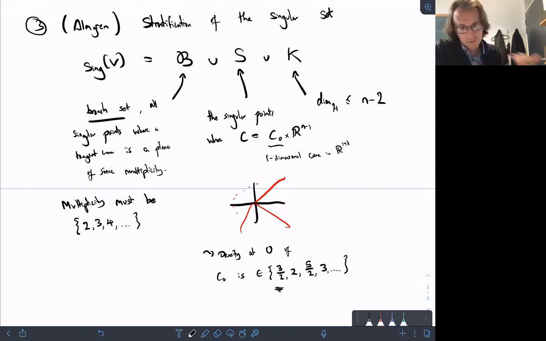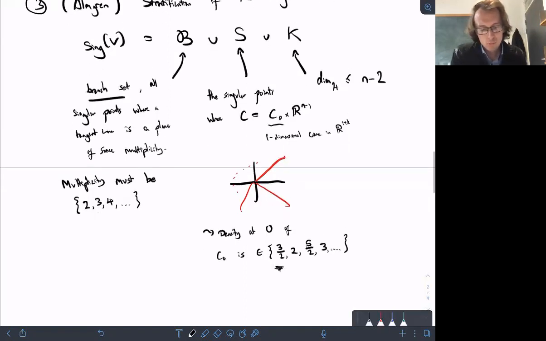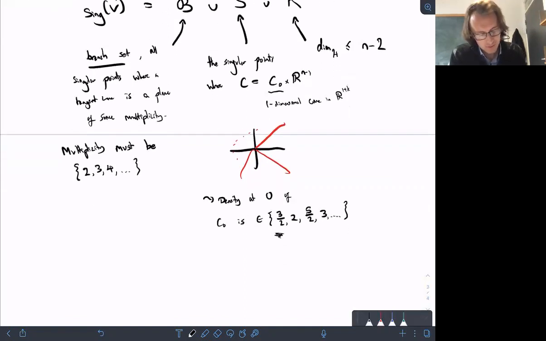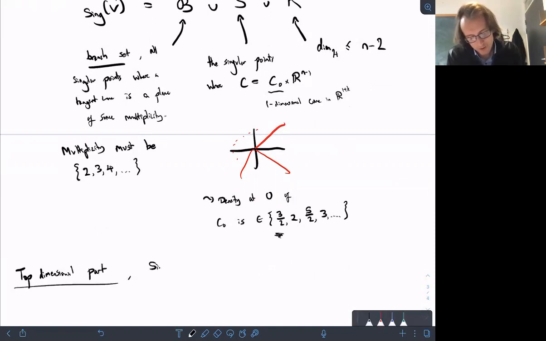And so we understand the local structure of V. The only parts of the singular set which can be sufficiently high dimensional, bigger than n-2, are the singular points which lie in B and S. So for that reason, for the purposes of this talk at least, we call the top dimensional part, sing top of V, equal to B union S.